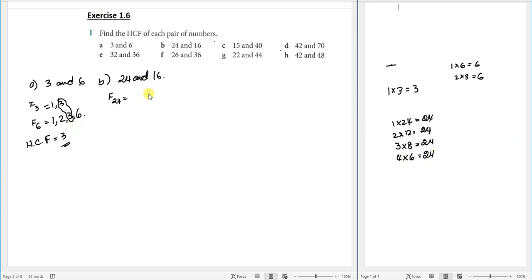So the factors of 24 are 1, 2, 3, 4, 6, 8, 12 and 24.